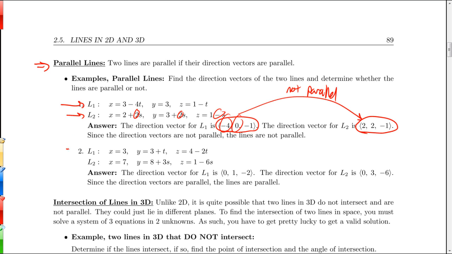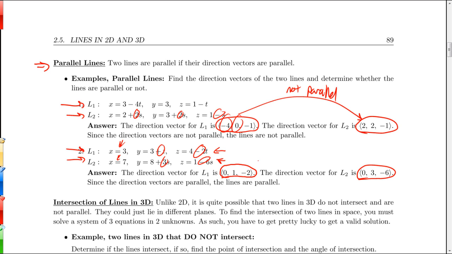On the other hand, if we take a look at this second example, line 1, line 2, the direction vector for line 1 is 0, because there's nothing in there, 1, negative 2. So that's the first direction vector. The second direction vector for line 2 here is going to be 0, 3, negative 6.